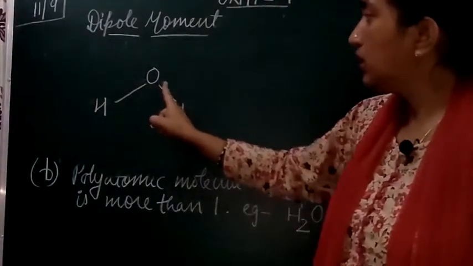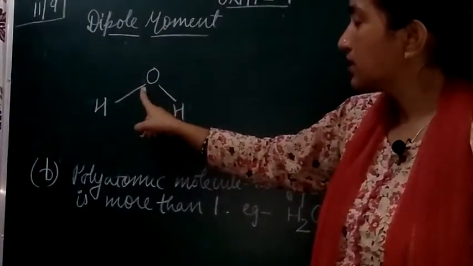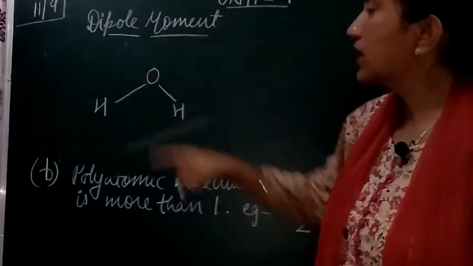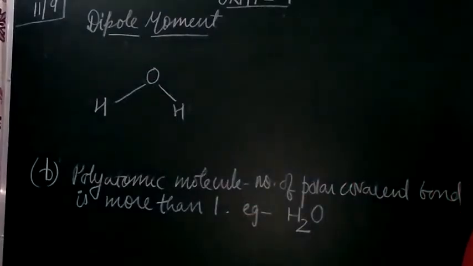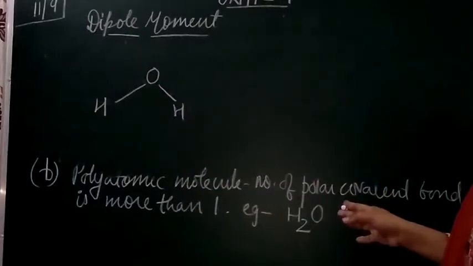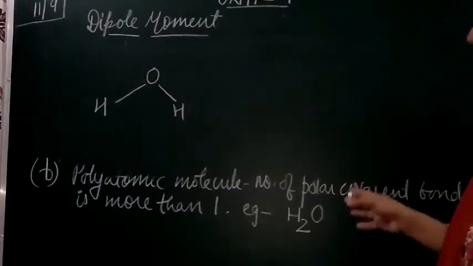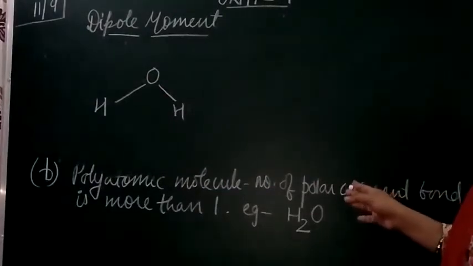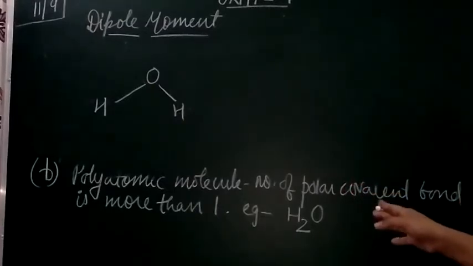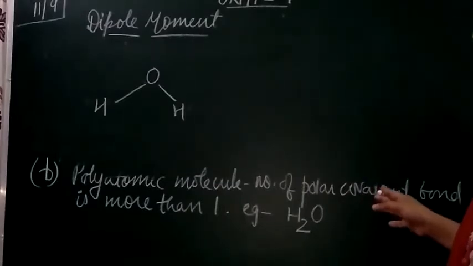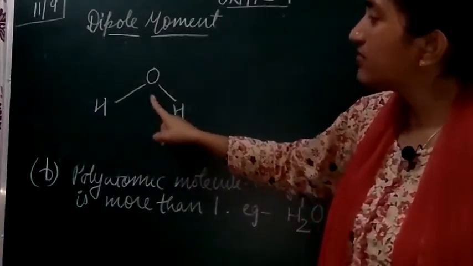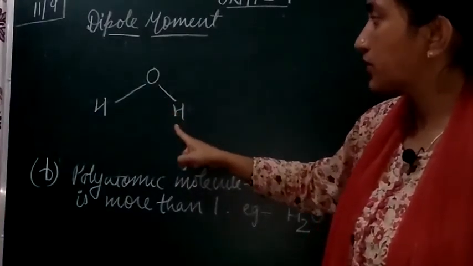There are two bond pairs, this is one bond pair, this is another, and oxygen has two lone pairs. So in total we have four electron pairs. But since it has two lone pairs, the shape will not remain regular, it will get distorted and change to a V or bent shape so that there is minimum repulsion.